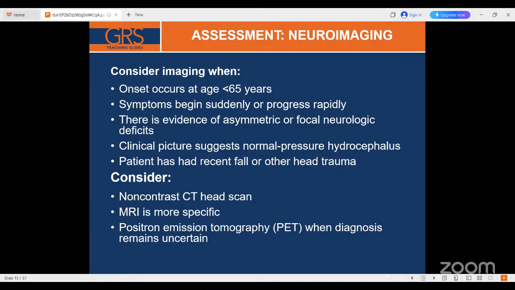If one of these is present during the examination and history taking, then we have to do neuroimaging. We can do non-contrast CT scan and MRI, which is more specific, and PET scan when the diagnosis remains uncertain after MRI and CT.